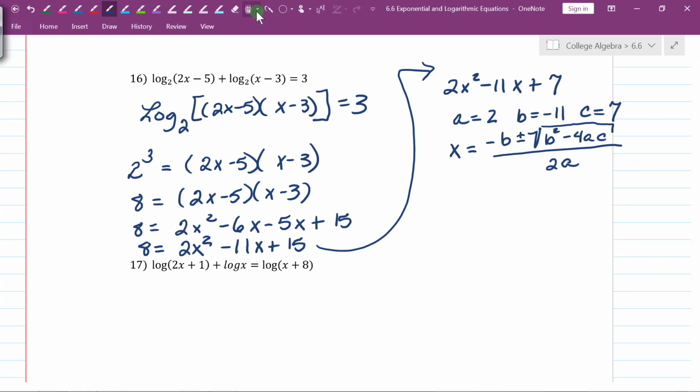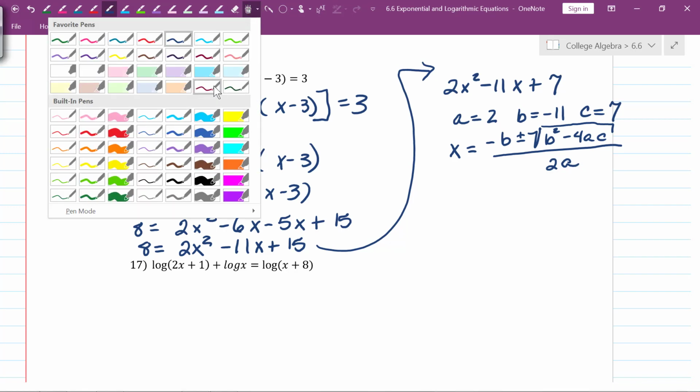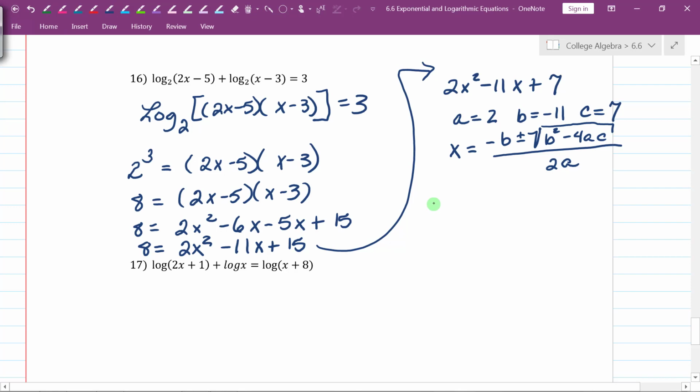Okay, so continuing to solve this, it's going to look like this. X is going to equal minus b. B is equal to negative 11, and negative times the negative gives me a positive 11, okay?